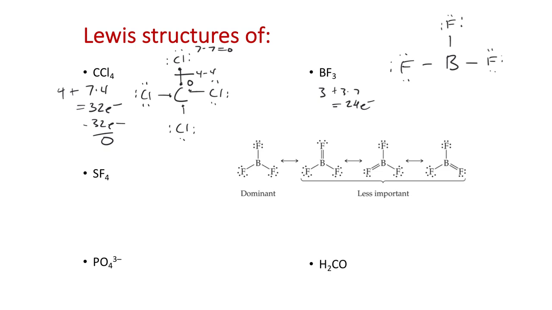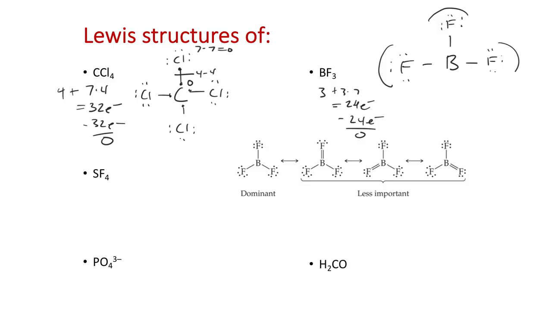Now notice it didn't say to give the central atom an octet with electrons, just the non-central atoms. So the non-central atoms we fill with electron pairs. I don't do that to the central atom. I have to compare my electron count. So I go 8 electrons around each of the fluorines. That's 24 total electrons distributed in the Lewis structure. I have none left over.